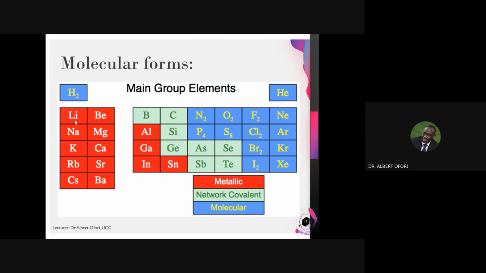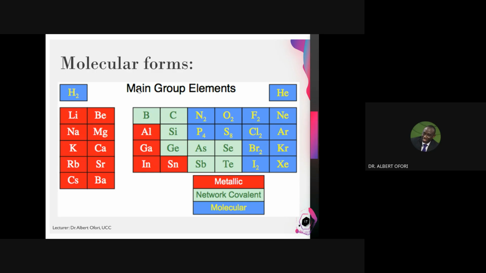We have metals because of metallic bonding. We have semiconductors because of covalent bonding, and some molecules also because of covalent bonding. We have salts, and these salts are ionic bonding. So when we talk of salt, we are talking of ionic compounds. This is how they exist in nature.